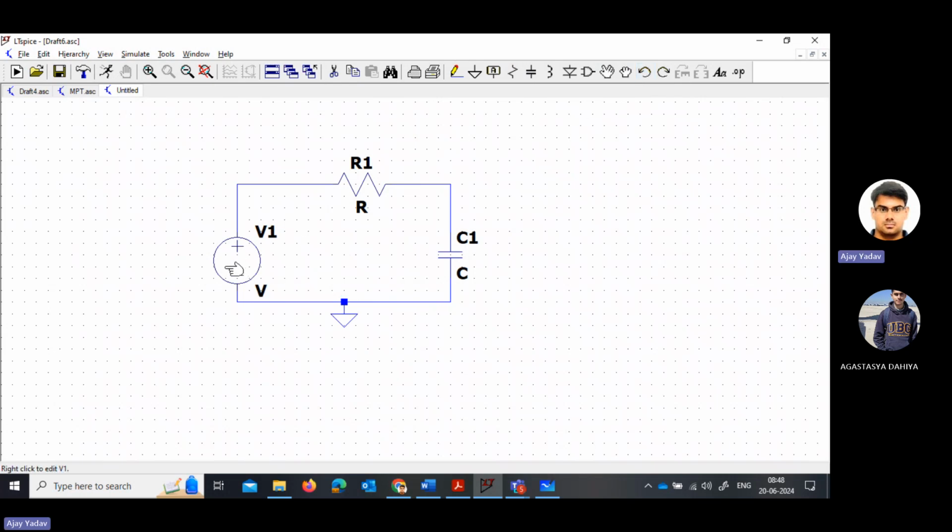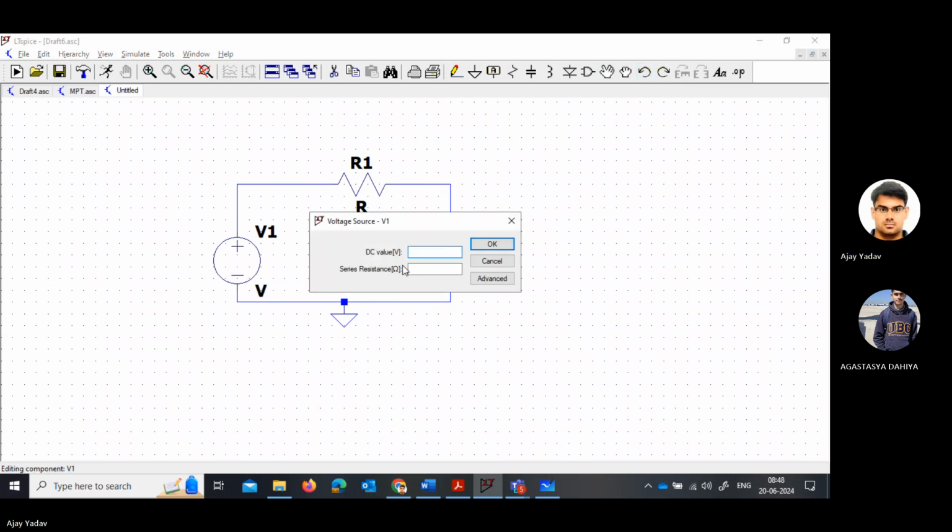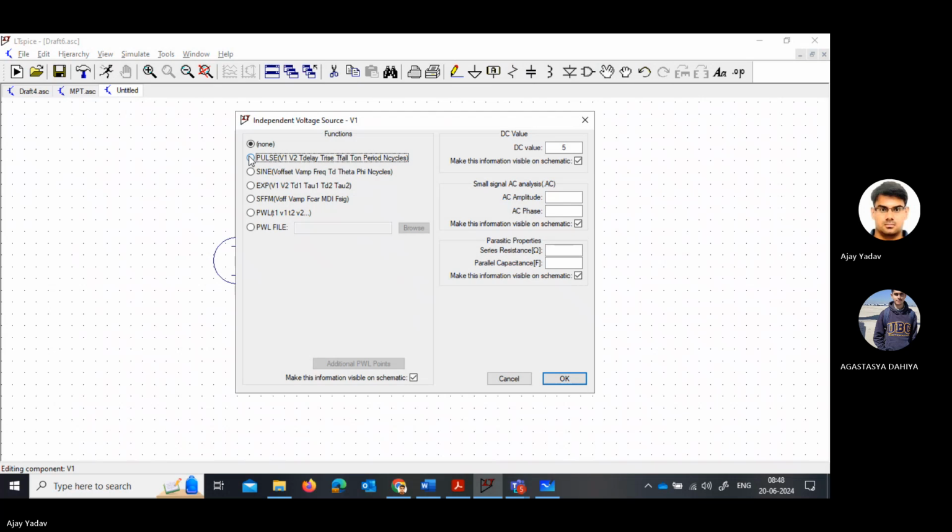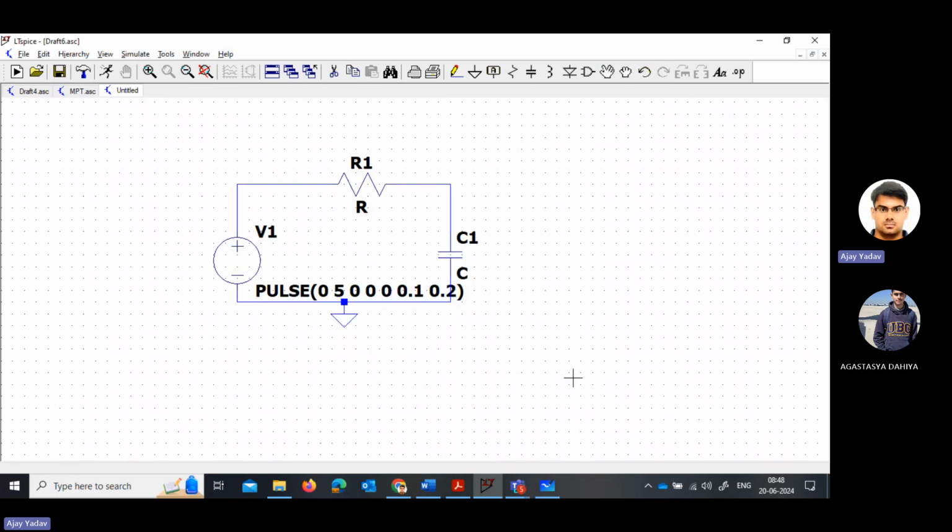I will give again the values. So this is 5 volt. I will go in the advanced, pulse 0, 5, on, this is 0.2 second.